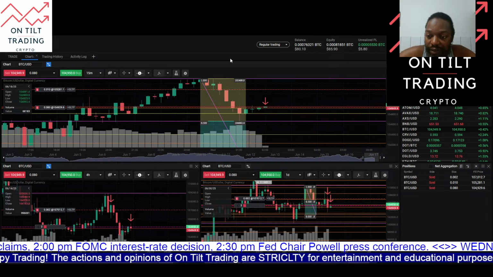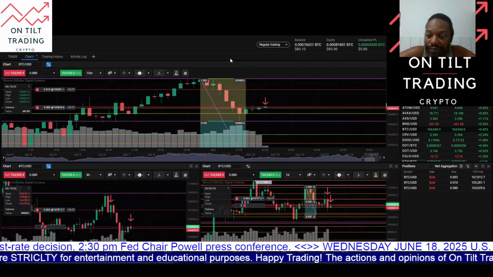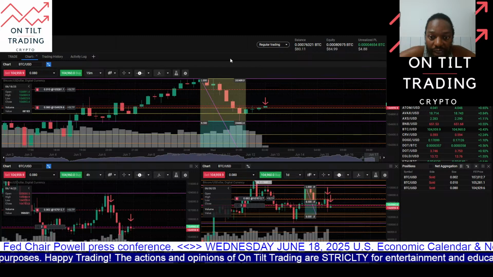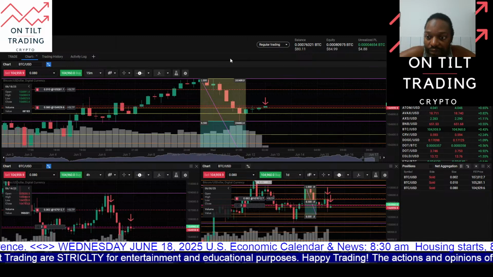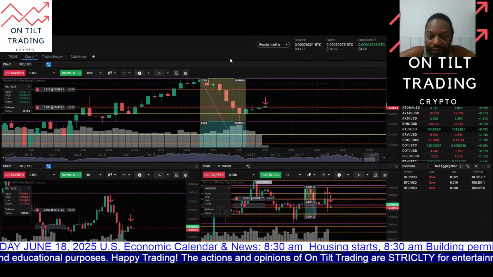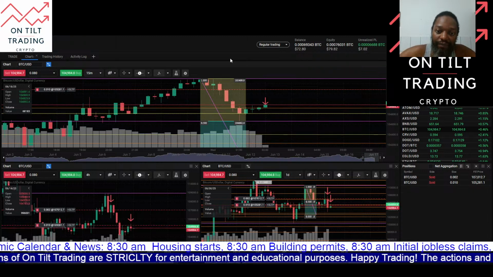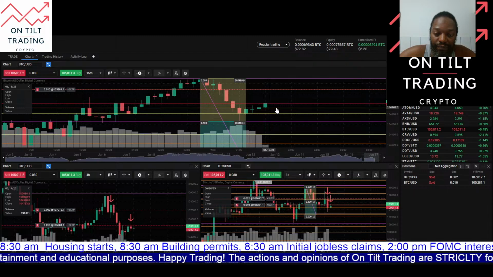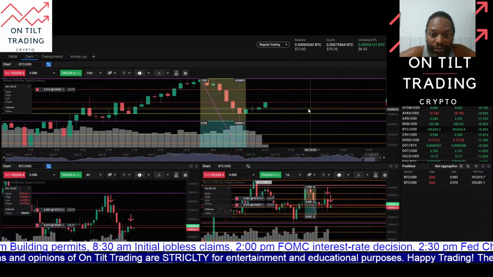New high has been put in. Looks like we may be testing the swing high. About $10 away from that swing high. And maybe getting stopped out here, and stopped out. And standing by for another potential entry opportunity.